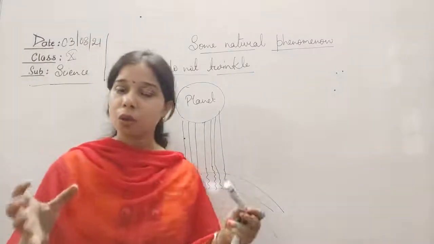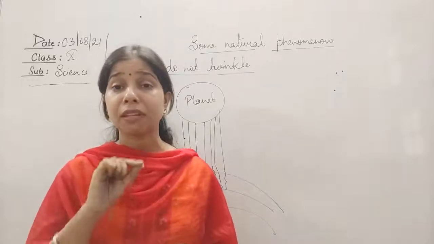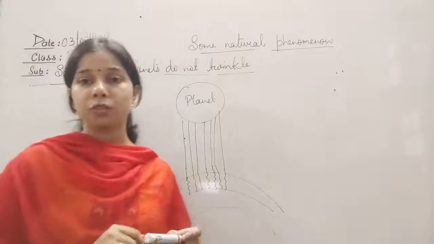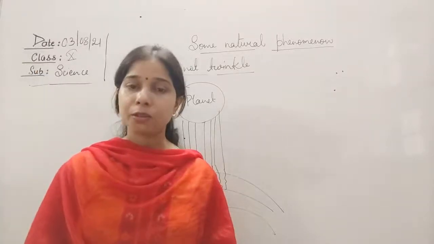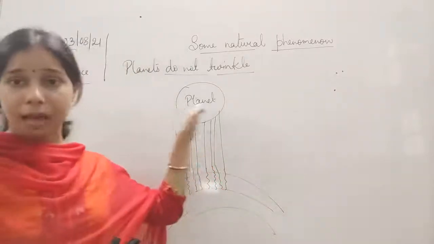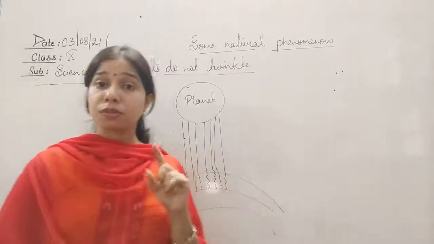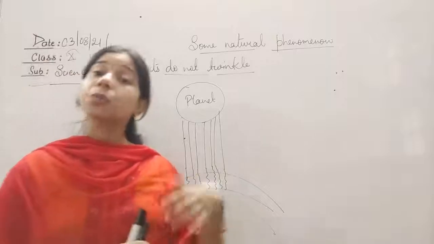Since all of them are showing refraction, they will nullify each other's effect, and due to which we will not see the apparent position of the planet, and the planets do not twinkle. You see the difference is what? One is very far away.